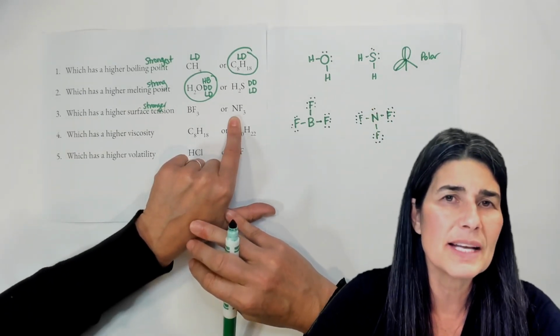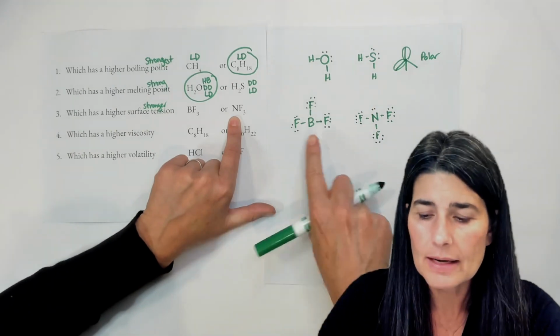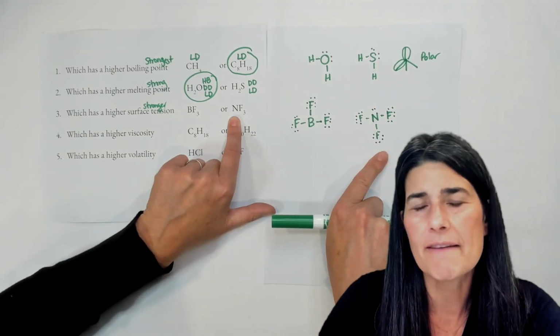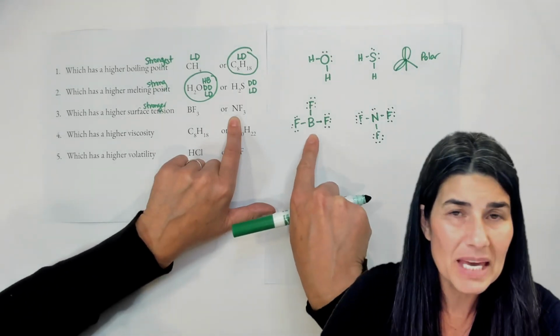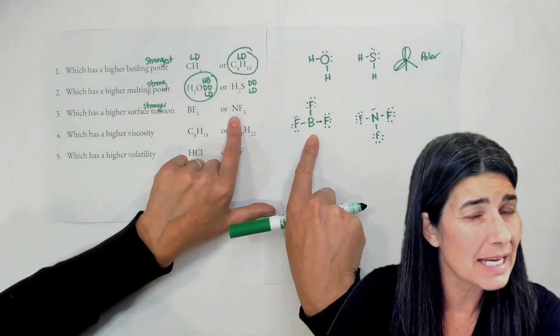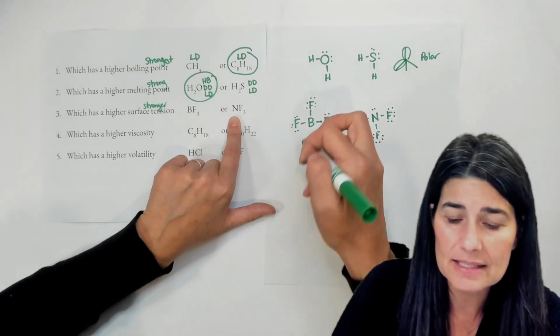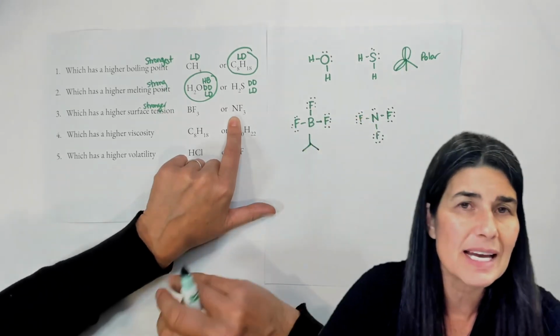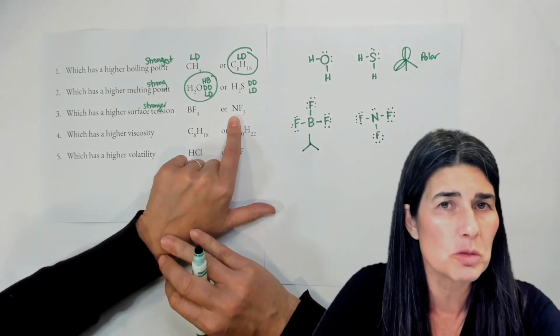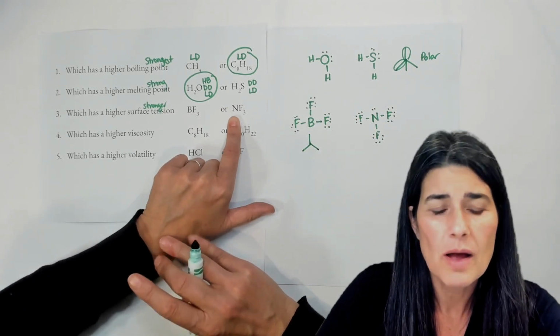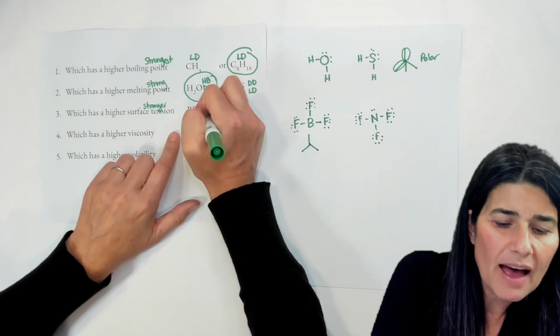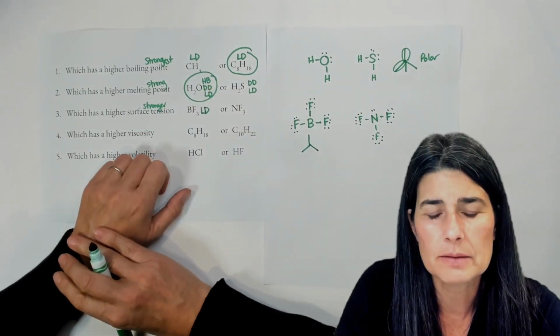Now, if we go to identify the forces, neither one of these has H attached to F, O, or N. We don't have hydrogen bonding. BF3, while it might look polar at first glance, will really go into a trigonal planar arrangement. That is a non-polar arrangement. So for BF3, all we have is London dispersion forces.